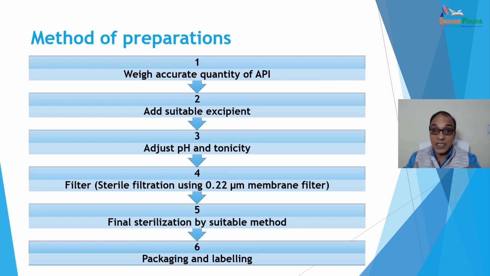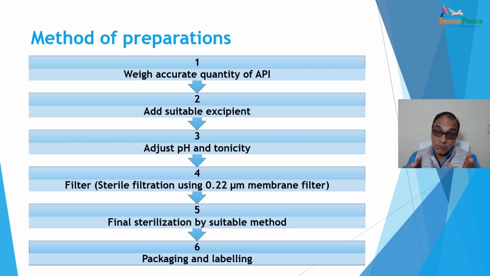Then sterile filtration is done using a 0.22 micron membrane filter. Then final sterilization is done by a suitable method, and at last packaging and labeling is done. So this is the gross preparation method.